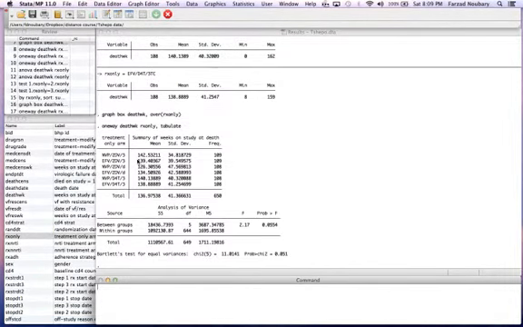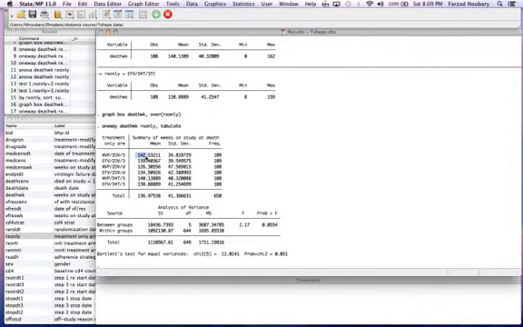Okay? So again, it tells you the mean in all of the different groups, the standard deviation, and the number in each of these. And then down here is the analysis of variance table that we spoke about in lecture.